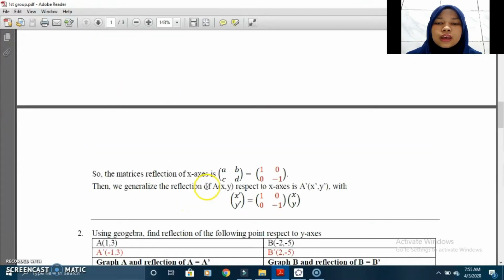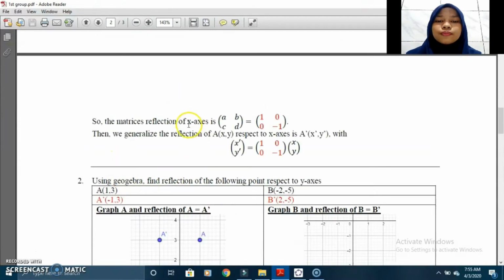Then the reflection matrix with respect to the x-axis, ABCD, is 1, 0, 0, minus 1. Then we generalize: the reflection of A with coordinates x, y with respect to the x-axis is A' with coordinates x', y', the result of multiplying the matrix 1, 0, 0, minus 1 with x, y.